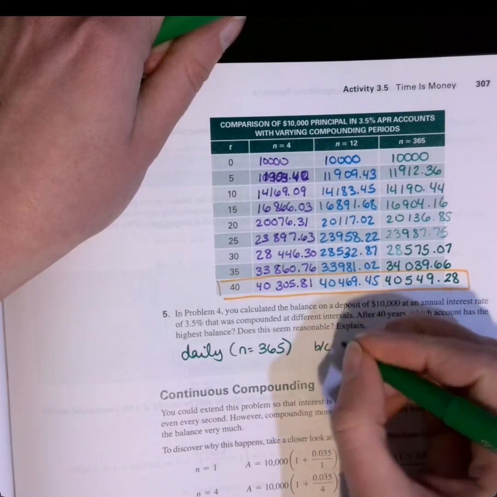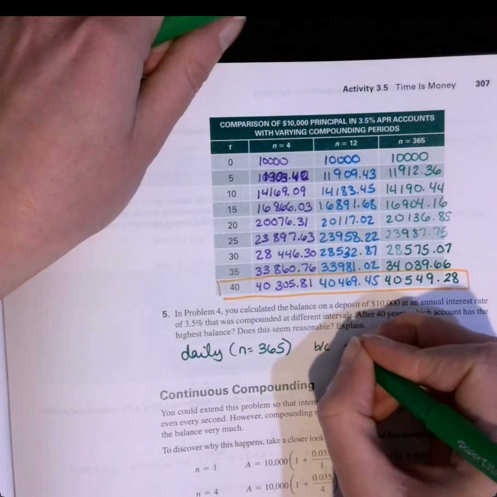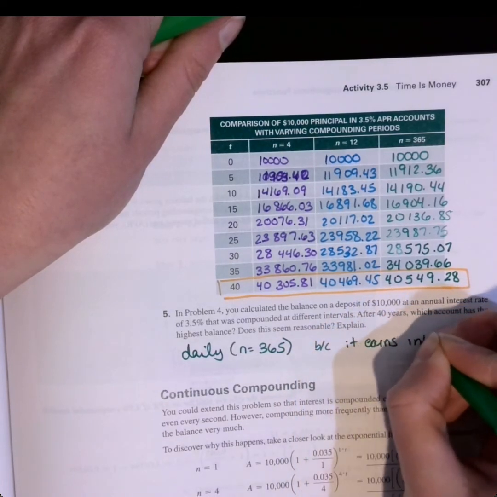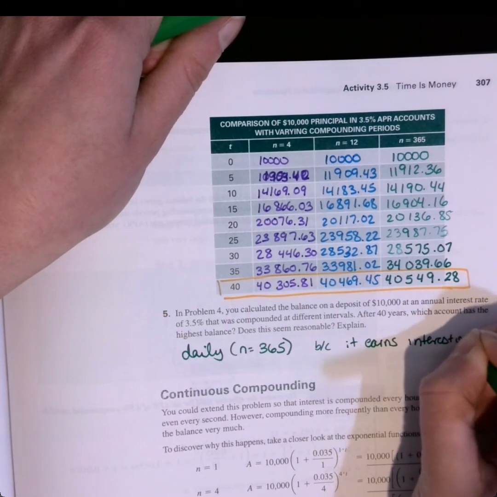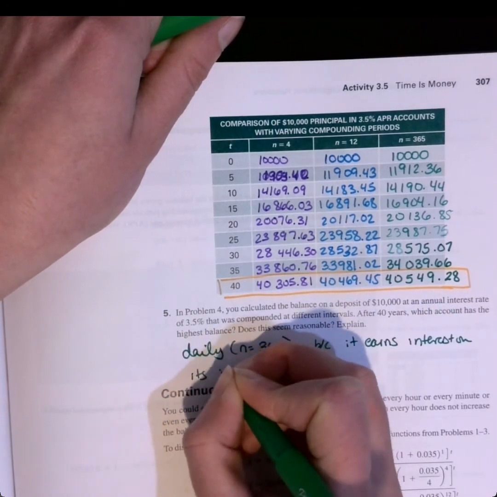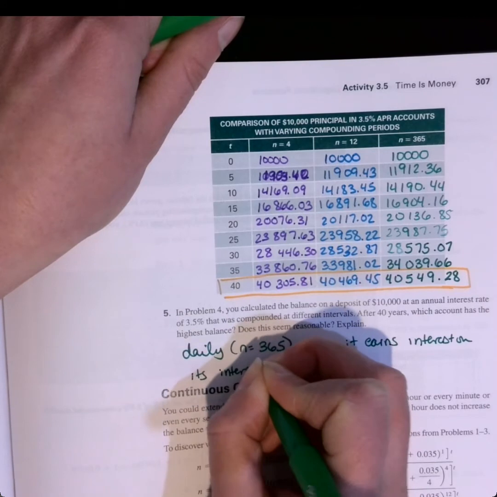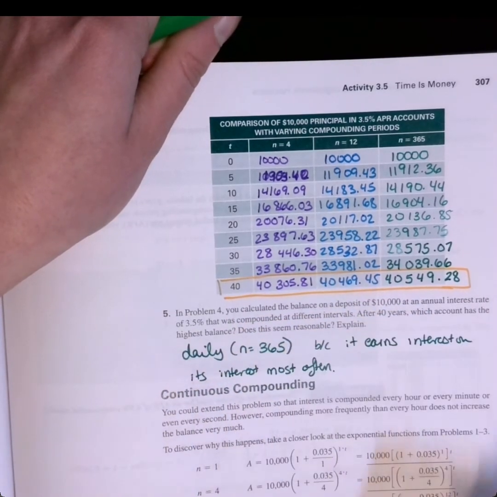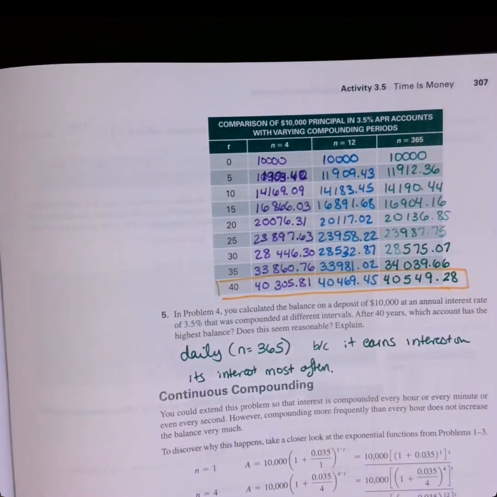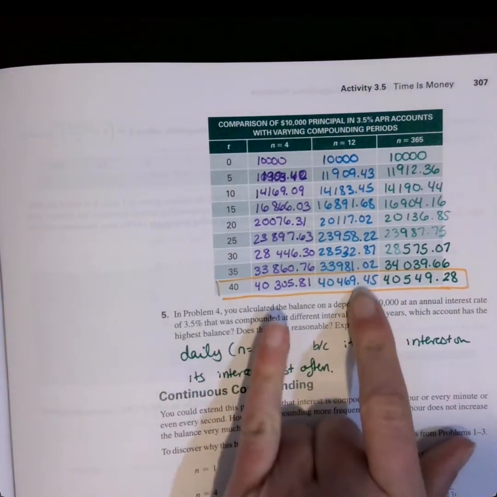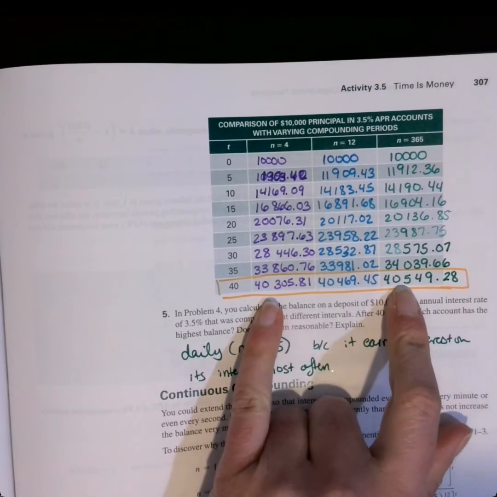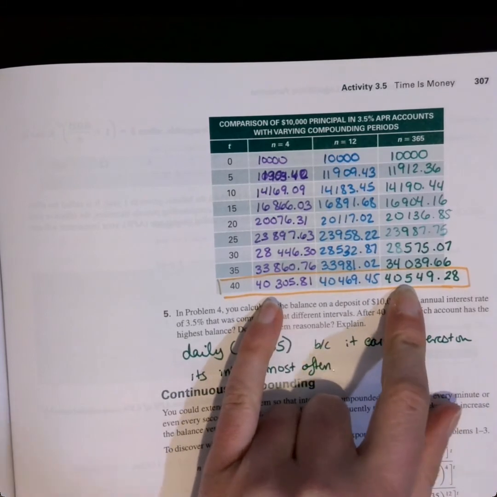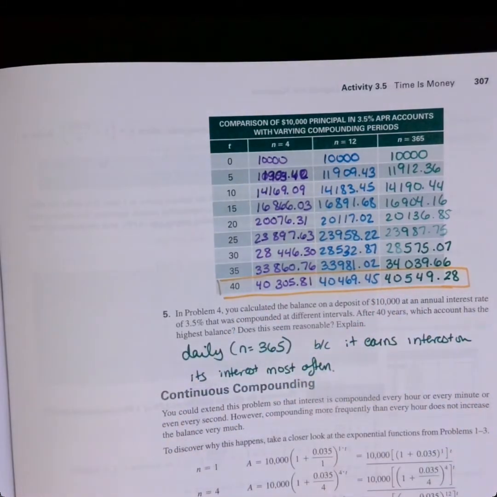It earns interest on its interest most often. So even if it only earns a few cents a day extra, those cents add up to be over 40 years. It's still not a huge difference. It's just an additional 200 and so dollars, 200 and not quite $50 extra.